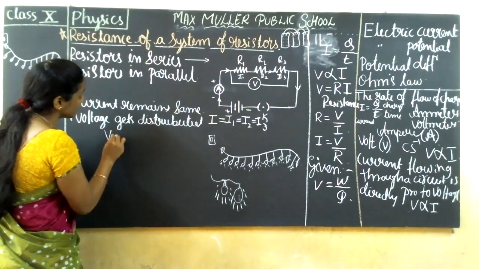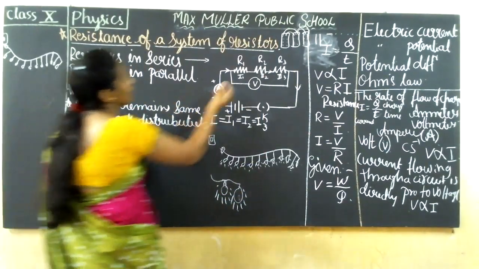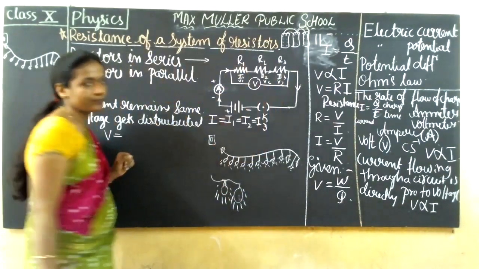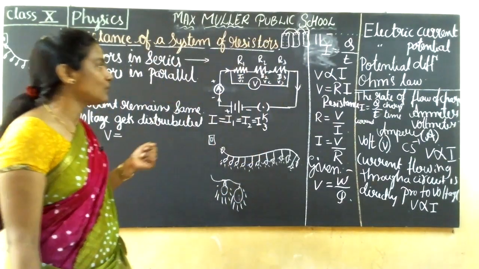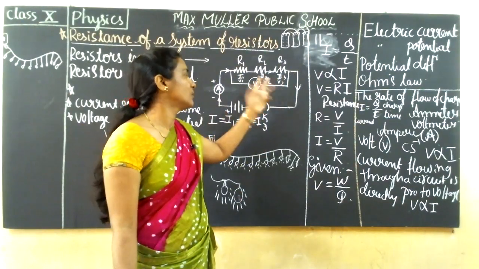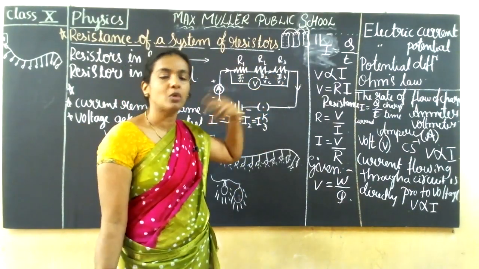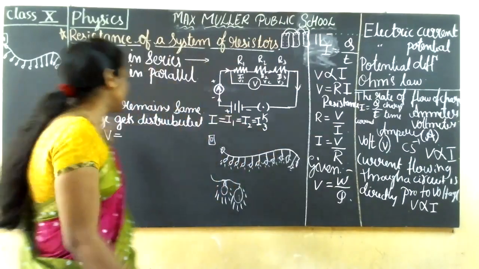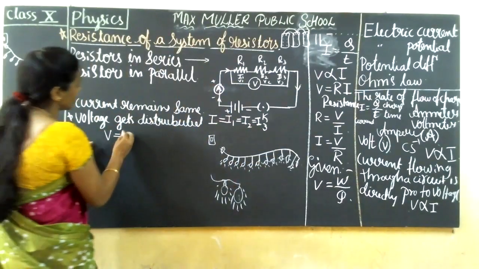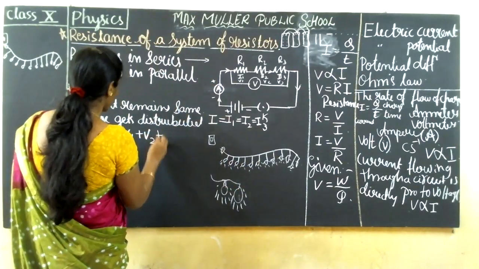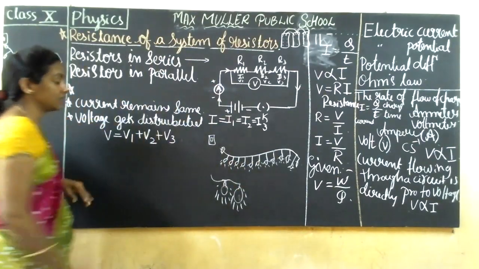So here, voltage gets distributed means what? How will you calculate the total voltage? V is equal to, for this I am going to take V1, V2 and V3. Don't ask me, ma'am, what is V1, what is 1, 2, 3, because you are keeping the same things again and again, so you give the names 1, 2, 3. So V is equal to V1 plus V2 plus V3.